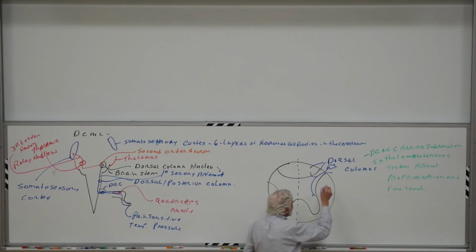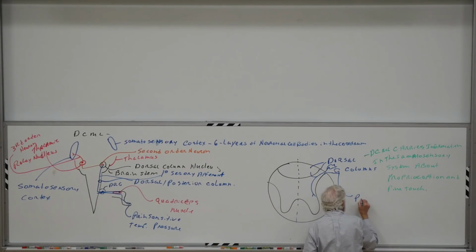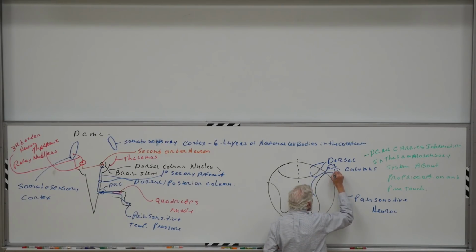Then this neuron sends a process into the central nervous system. So now if we follow this neuron in cross-section, where this is a pain-sensitive neuron, this pain-sensitive neuron, with its cell body, now sends a process into the spinal cord.